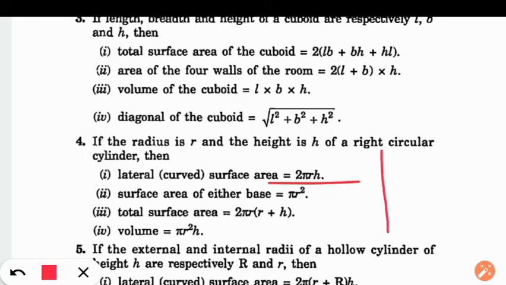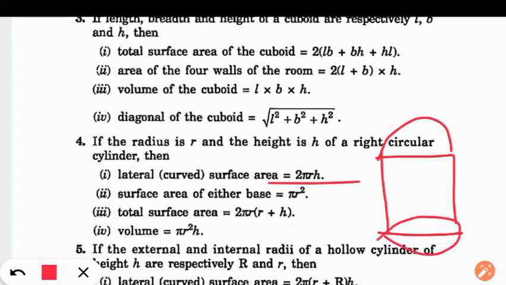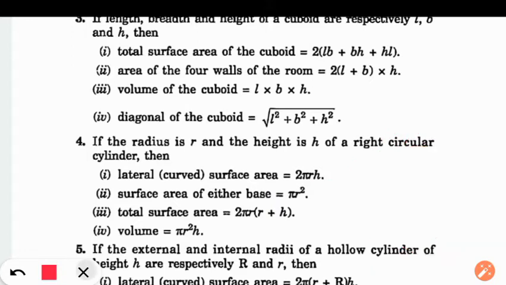You have seen a cylinder like this. So lateral surface area means only this one. That means you have to neglect this one and this one, the top or the bottom, right? And this is what we have as curved surface area. So the formula to find curved surface area is 2 pi RH.